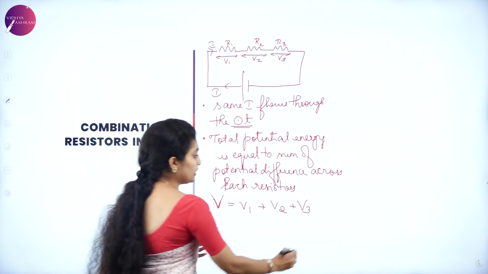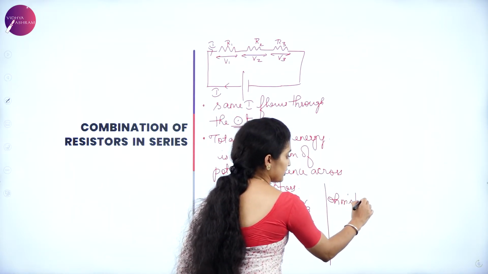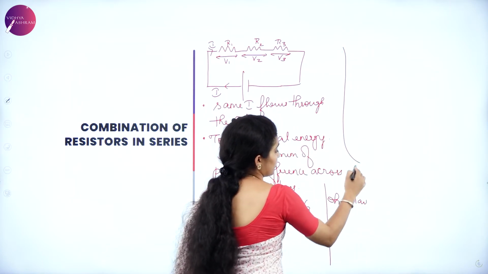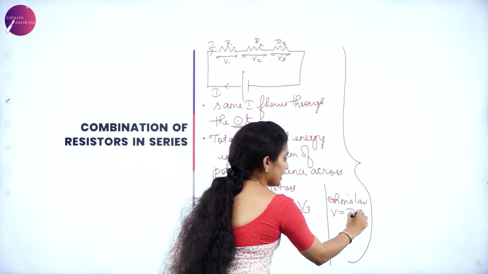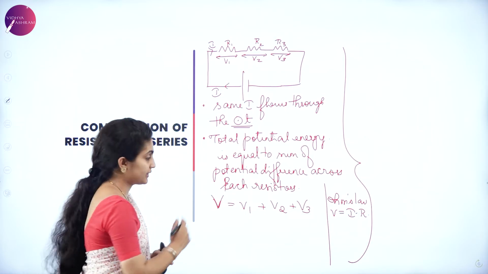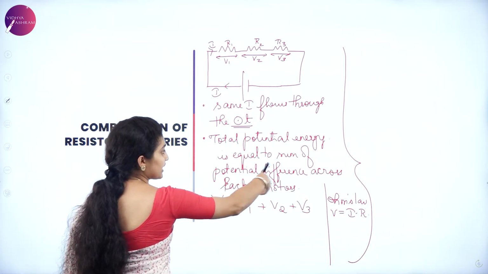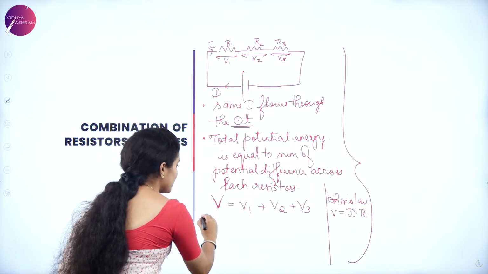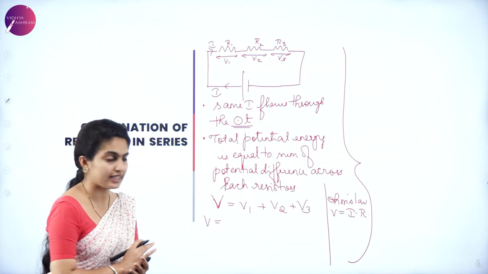Okay, so we know that according to Ohm's law, we have V is equal to I into R. So how can I write this? In the place of V1, V2, V3, which I got from the second point, I can write V is equal to, you are not supposed to substitute anything for the left hand side.